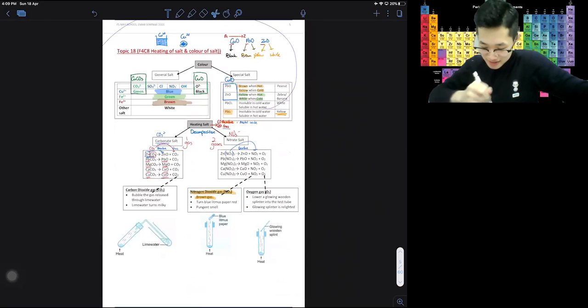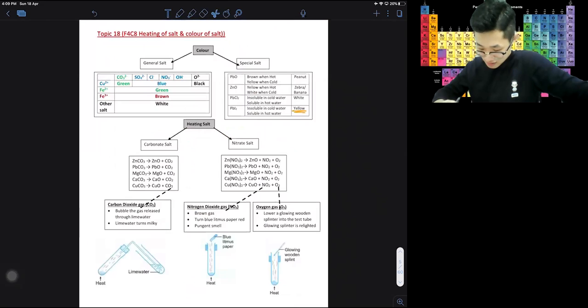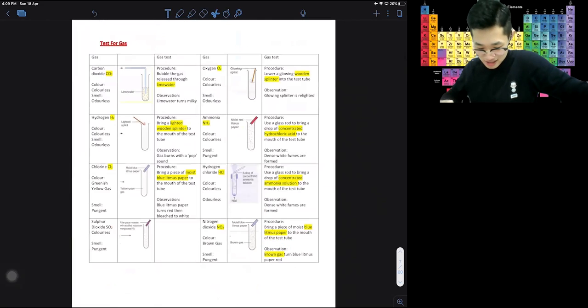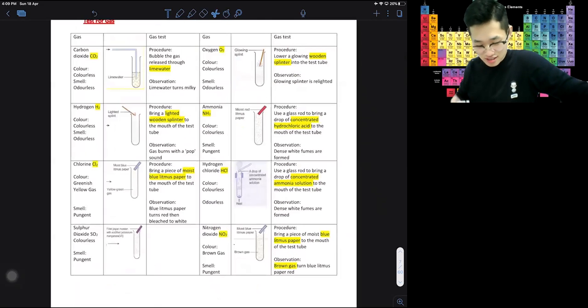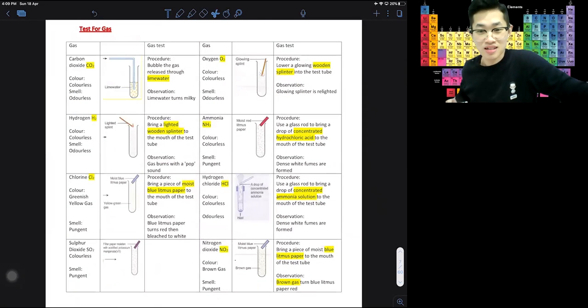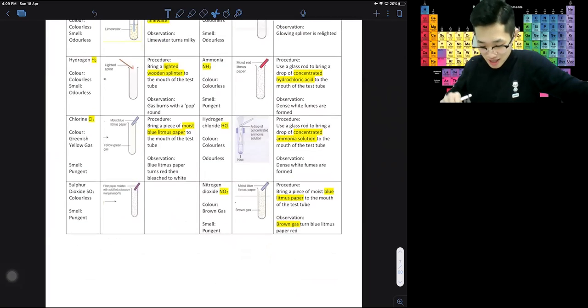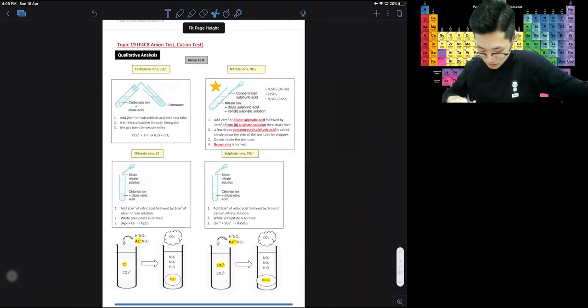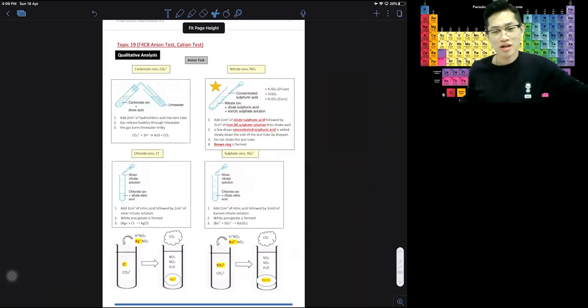Can you see me? Okay, then the gas test. Screenshot. Then this one here. Wait, why is it lagging again?